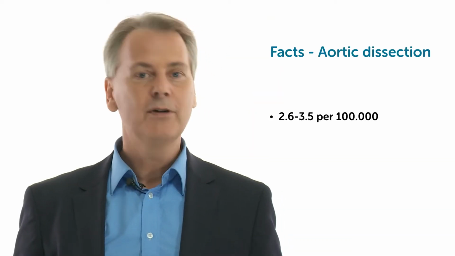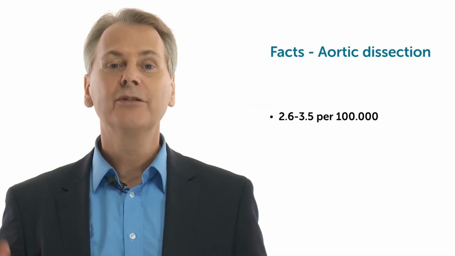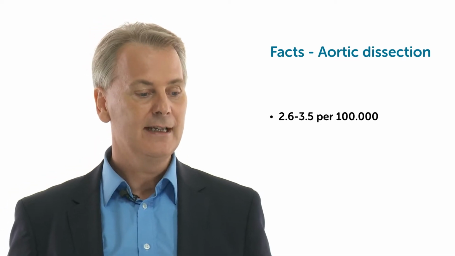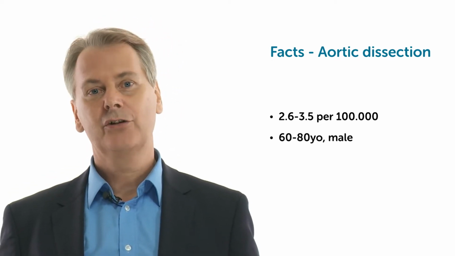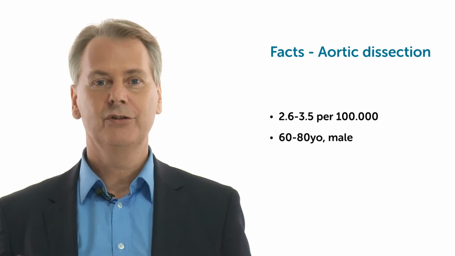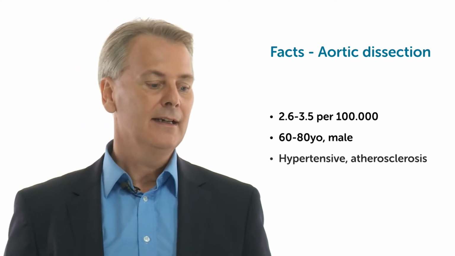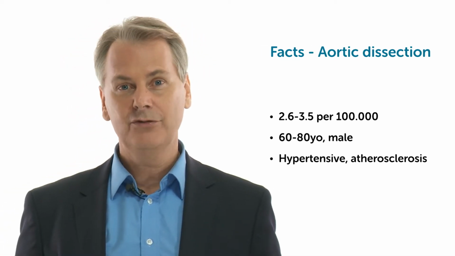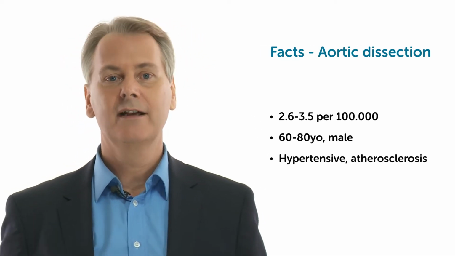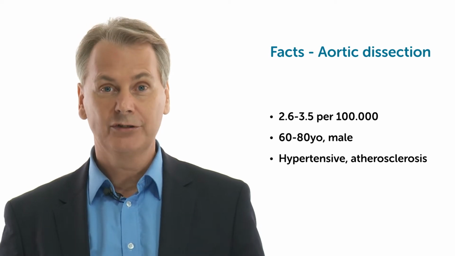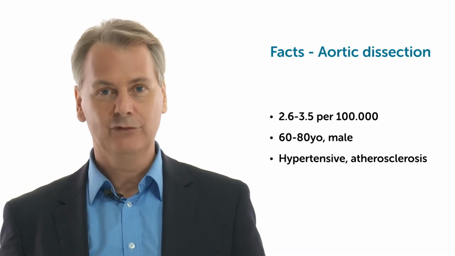And here are some facts. Well, approximately 2.6 to 3.5 per 100,000 population is the incidence of aortic dissection. It occurs more in the elderly population, so if you're above 60. And hypertensive heart disease and atherosclerosis are risk factors. So if you have someone who has peripheral artery disease or coronary artery disease, those are the ones you really have to watch out for.